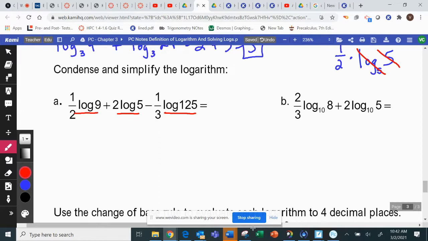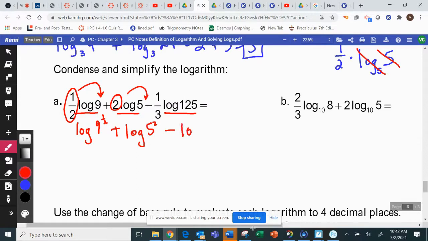This 1/2, if I'm condensing it, I'm going to put this 1/2 back as an exponent. So I'm going to have log of 9 to the 1/2 plus, I'm going to take this 2 and put it back as an exponent, log of 5 squared minus log of 125 to the 1/3. So that's my first step when I'm condensing. If you have a power in front, put it as the exponent.